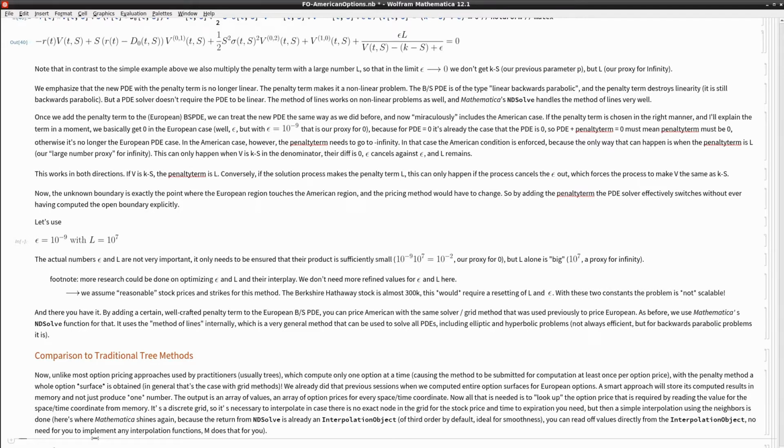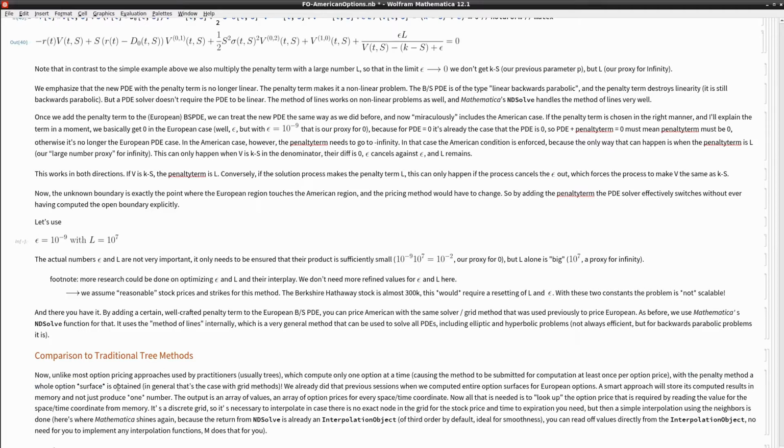First, I want to make a comparison to the traditional tree methods that are very beloved and used by many practitioners. Unlike most option pricing approaches used by practitioners, which compute only one option at a time, which causes the method to be submitted for computation again and again, the penalty method that we are presenting here gives us a whole option surface.